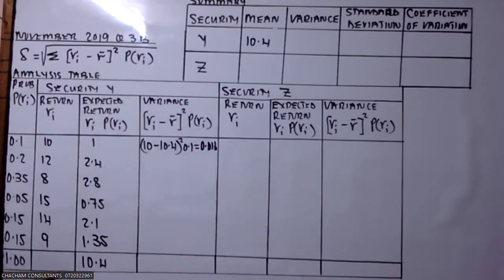You square. That value, you multiply by 0.2. 0.512.